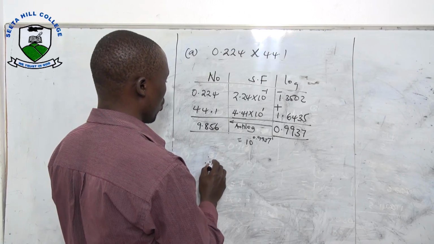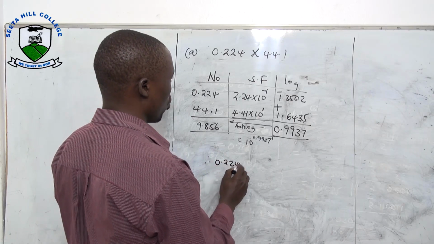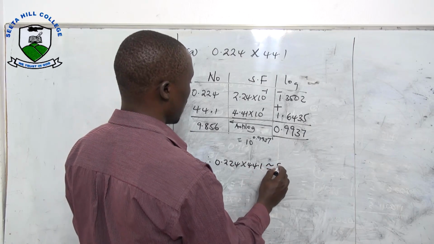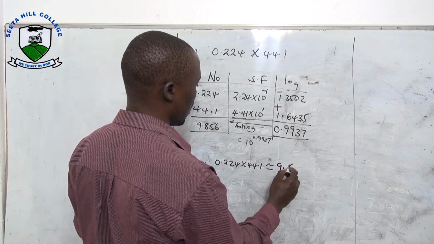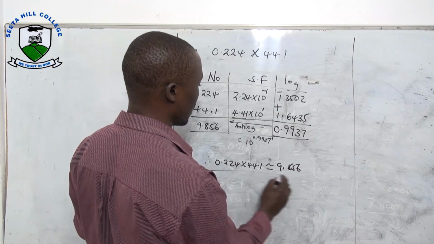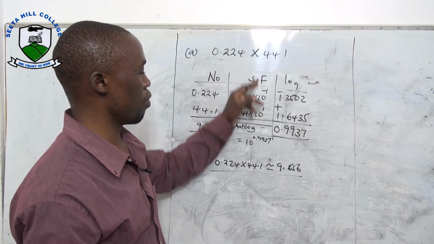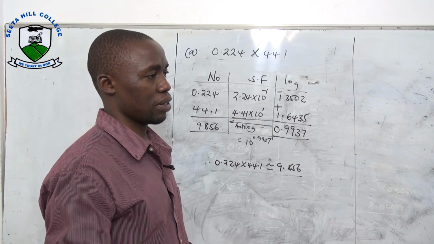Okay, so 0.224 times 4.41 approximates 9.856. Could you test? Is it correct? If you test by a calculator and you multiply and round off to 3, yes, it gives that.